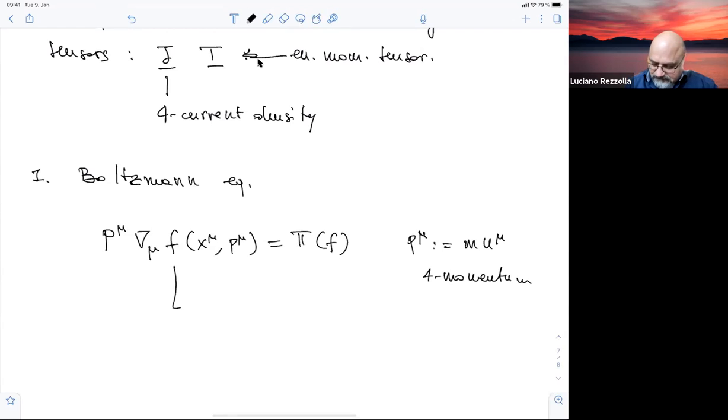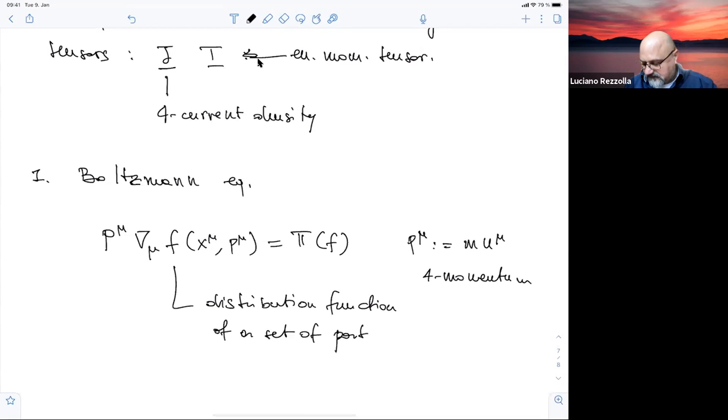And f is the probability distribution function of a set of particles with rest mass m. And the right-hand side is called the collisional integral.